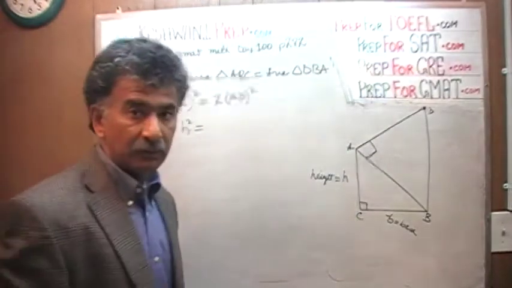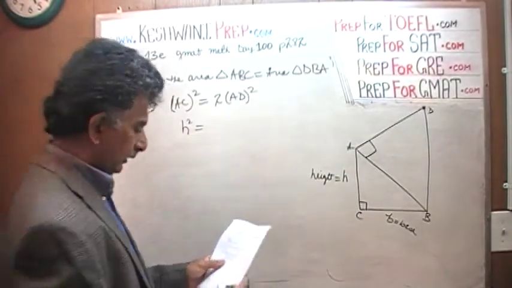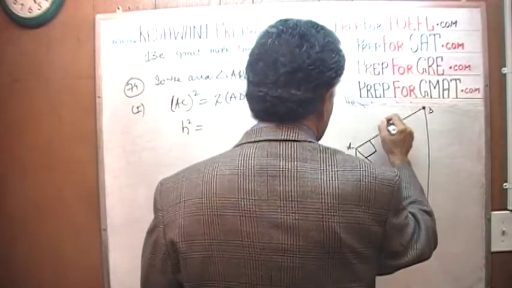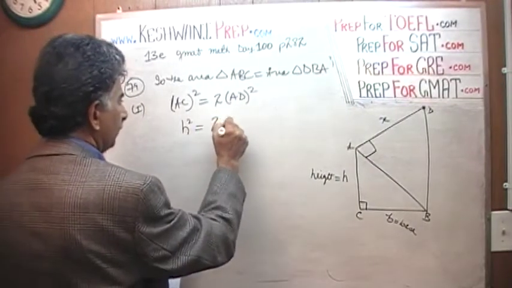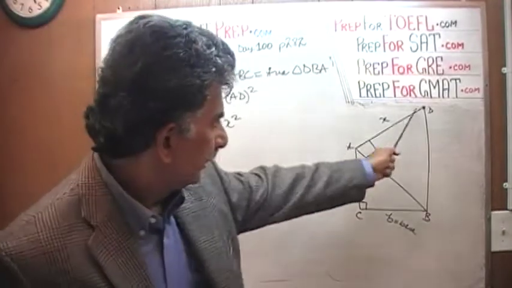Let's see what AD actually works out to be. Let's call A to D X. So we are told that H squared equals 2 times X squared.